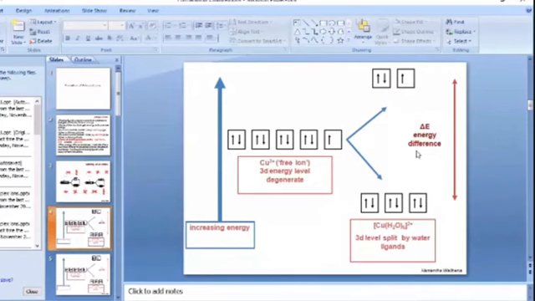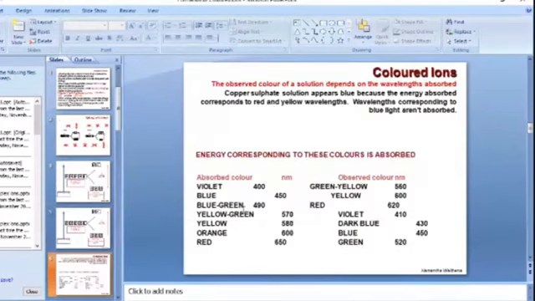So we talk about an energy difference. Simply put, for a particular element, you have the ligands approaching the ion. That causes the d orbitals to split to two energy levels. Now, with the two energy levels, there is a possibility of an electron being excited to a higher energy level.